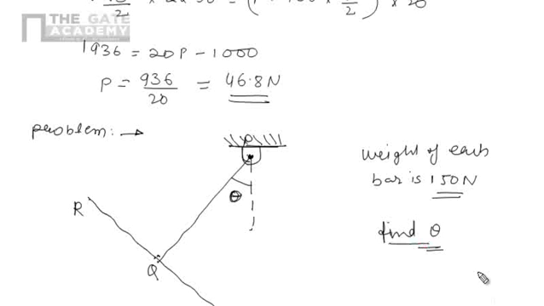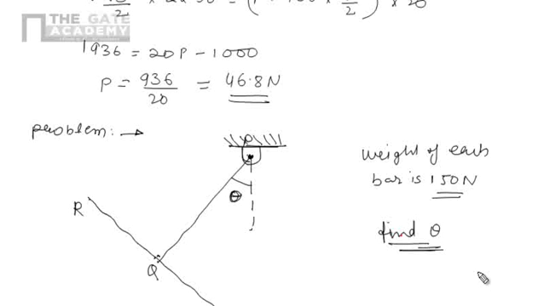Now we have to find out the value of theta. We can easily say that it is in equilibrium, so we can apply the conditions of equilibrium. We are only interested in the value of theta, meaning we have only one unknown, so by directly one equation we can solve the problem.